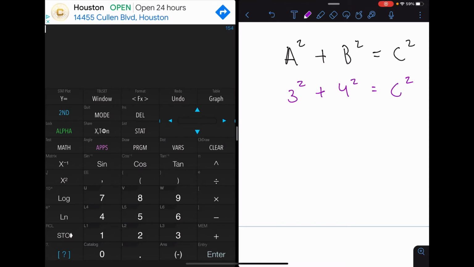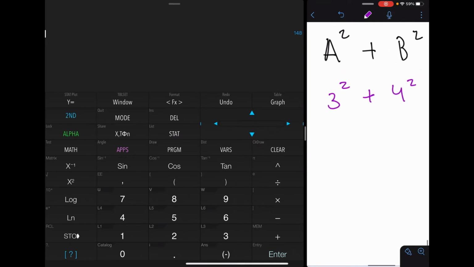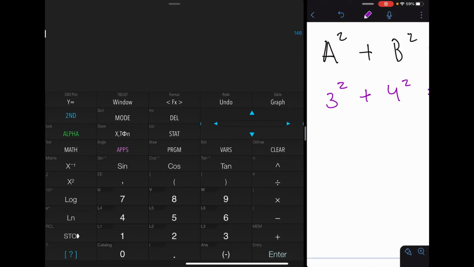I have 3 squared plus 4 squared equals c squared. So let's put that in the calculator. I have 3 to the power of 2 plus 4 to the power of 2, and that equals 25.